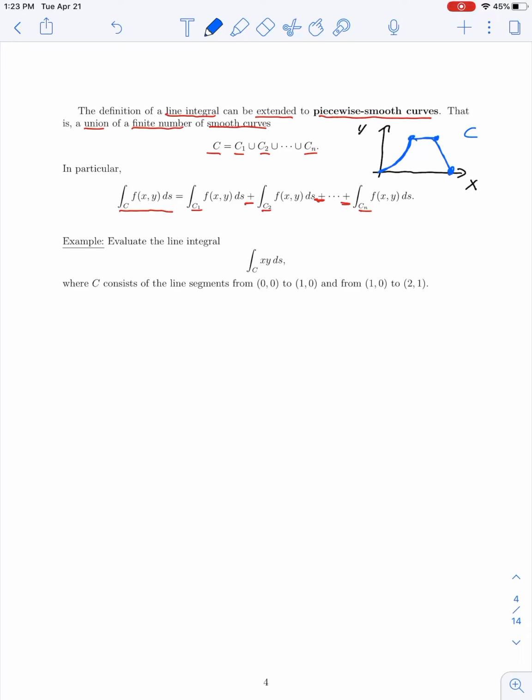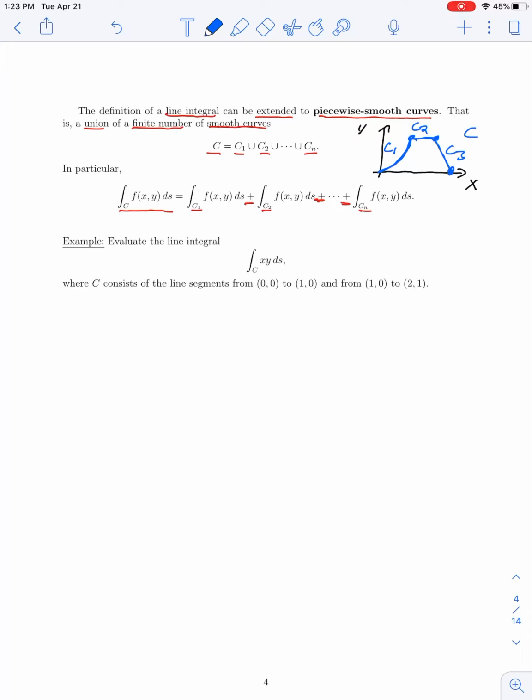It has these corners or sharp edges in it, where it may not be differentiable, but I could think about this curve as consisting of three smooth pieces: C1, the parabolic arc, C2, my horizontal line segment, and C3, this last line segment. And to integrate the line integral over that curve, I would integrate over C1, C2, and C3, and then take the sum of those values.